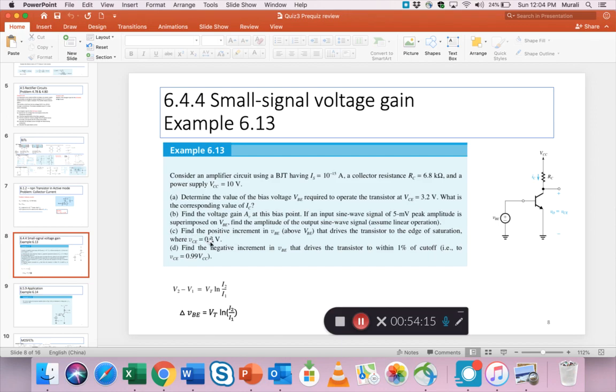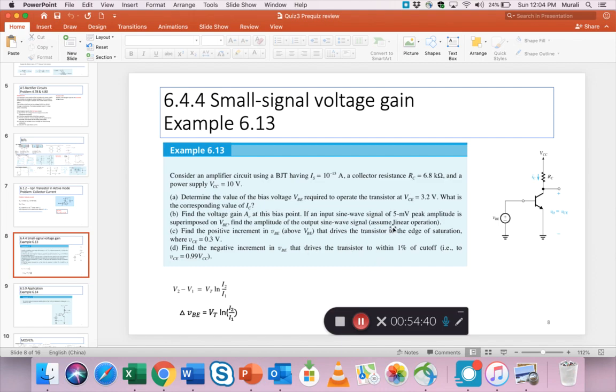That limit is VCE of 0.3 volts, as I just mentioned. What value can you add to VBE in the positive direction so that VCE becomes 0.3, the saturation limit? And in the negative direction, if you put VBE in the negative direction, then the transistor goes the other way, towards cutoff. So what is that value?